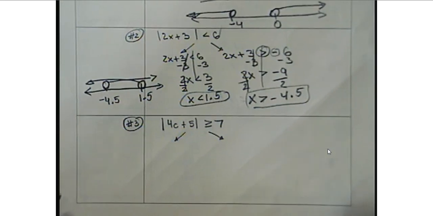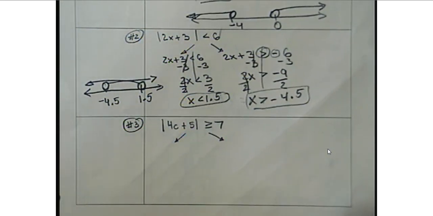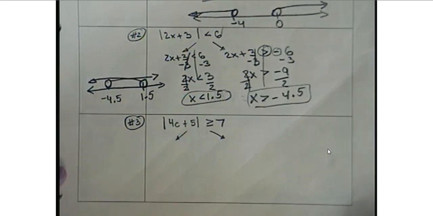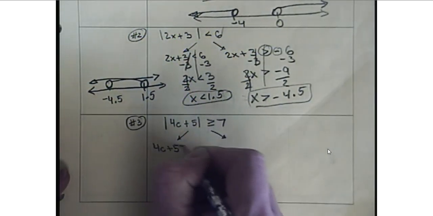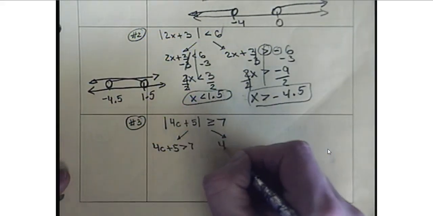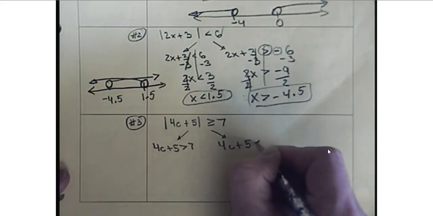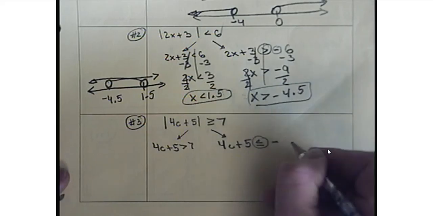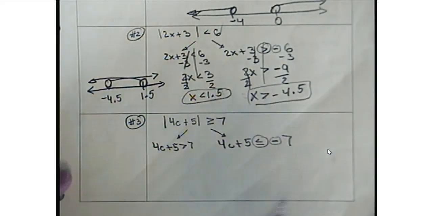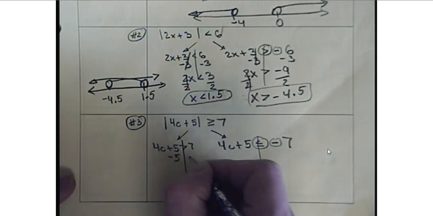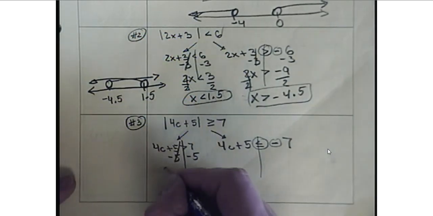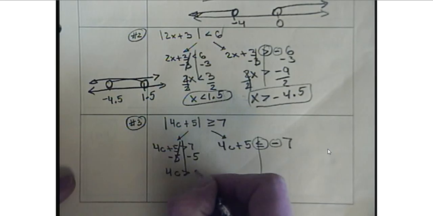Alright, and third example, 4c plus 5 greater or equal 7. So again, 4c plus 5 greater or equal 7. 4c plus 5 less or equal, flip the sign, add the negative, and put number 7. So minus 5 here, minus 5, 5 minus 5 cancel, so 4c will be greater or equal 2.